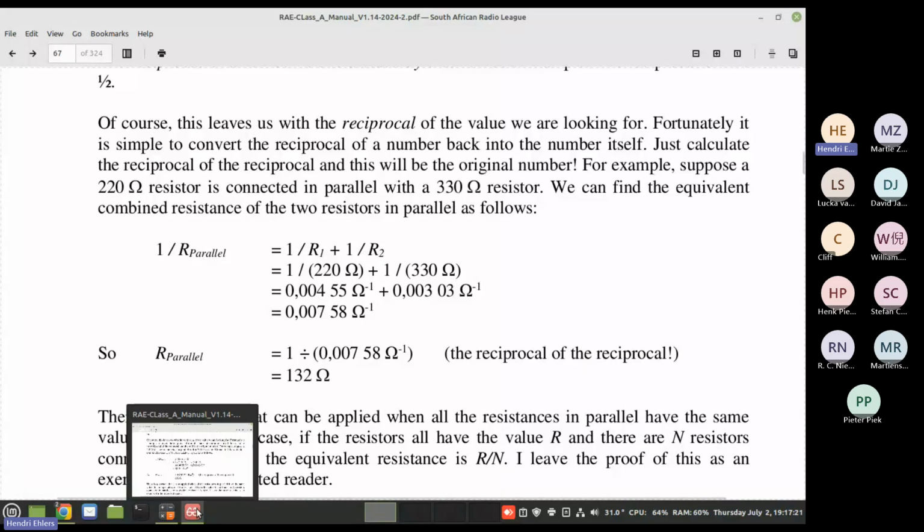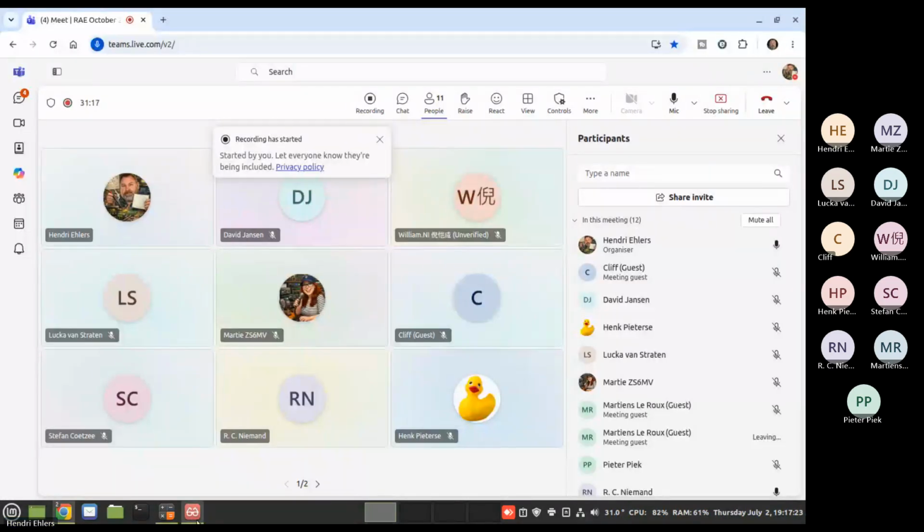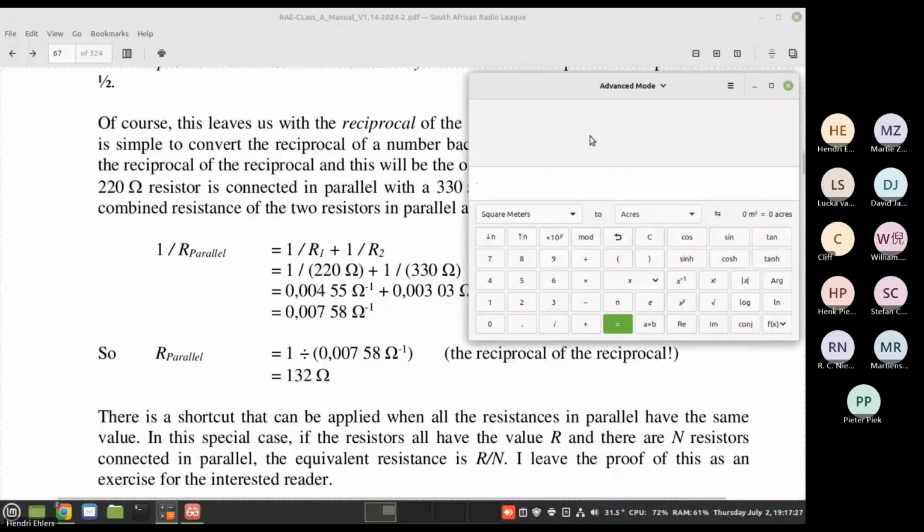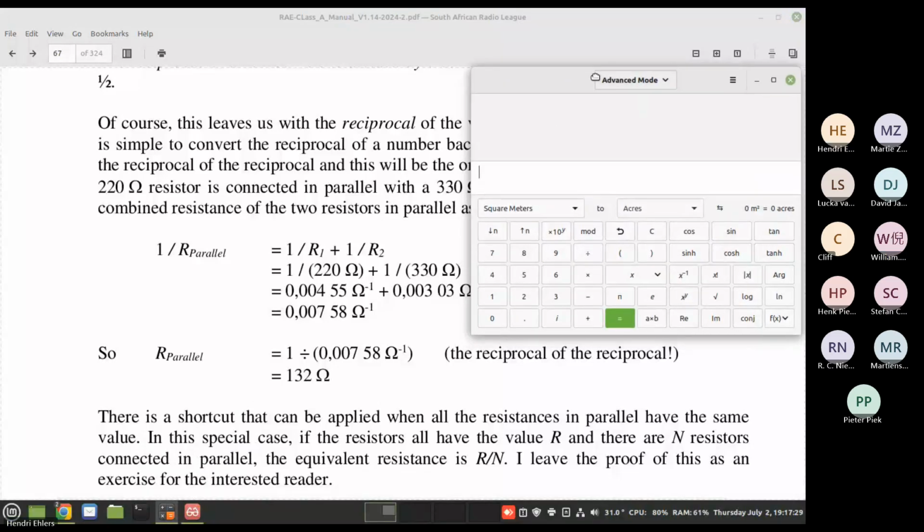Let's get a calculator closer. So there's a couple of ways you can do this. First, let me just show you this. If I say 1 divided by 220 equals, we get that.